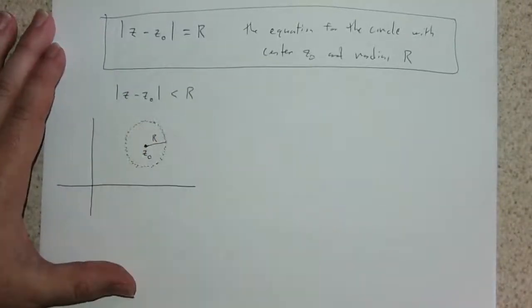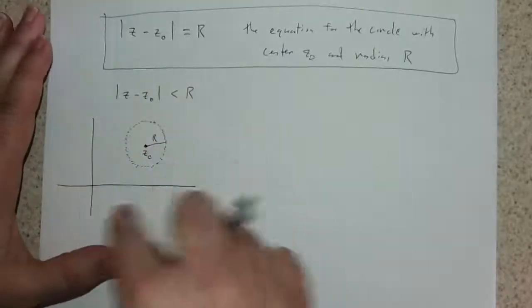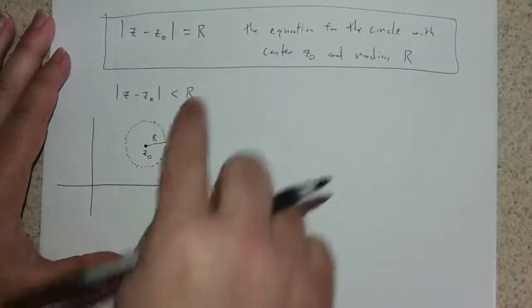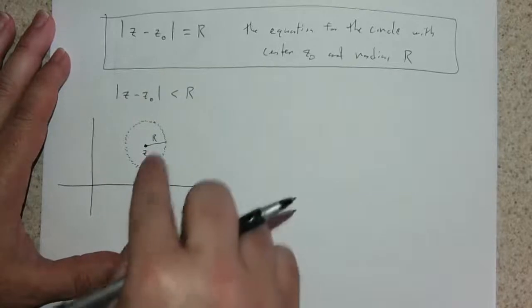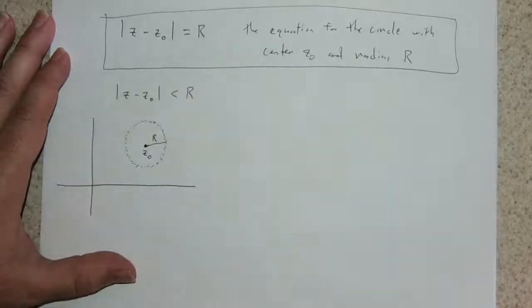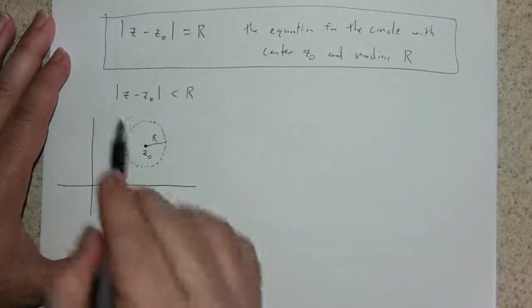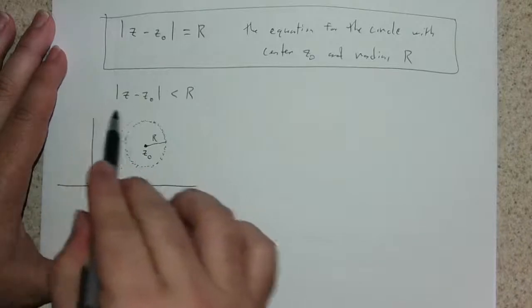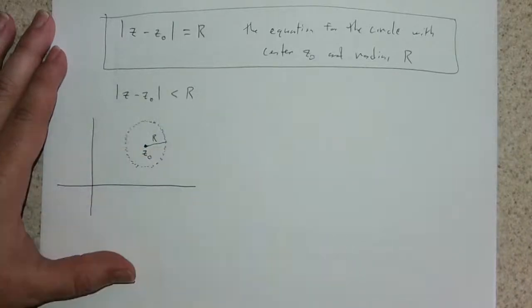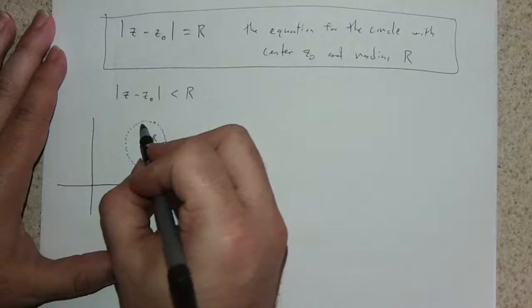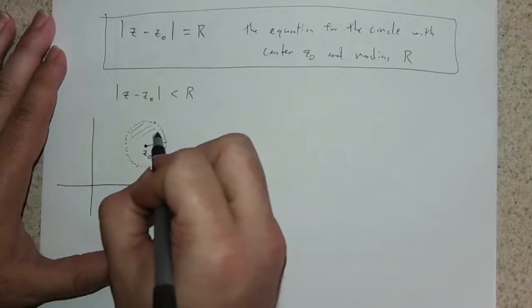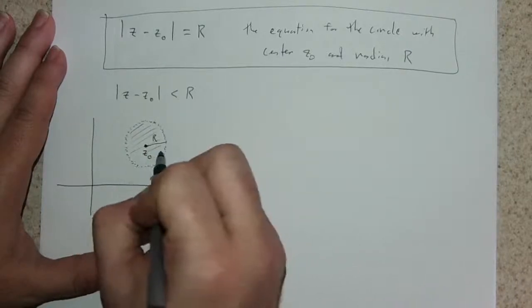I have left it dashed or dotted here to show that I'm not actually including it. If I was including the set of all complex numbers that were on that circle, then I would make it dark. If we're thinking of the set of all complex numbers z that satisfy this relation, it would be the interior of this circular region, right?